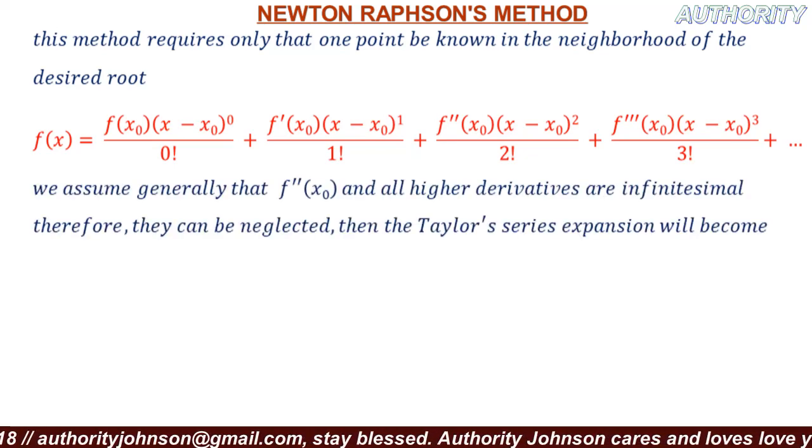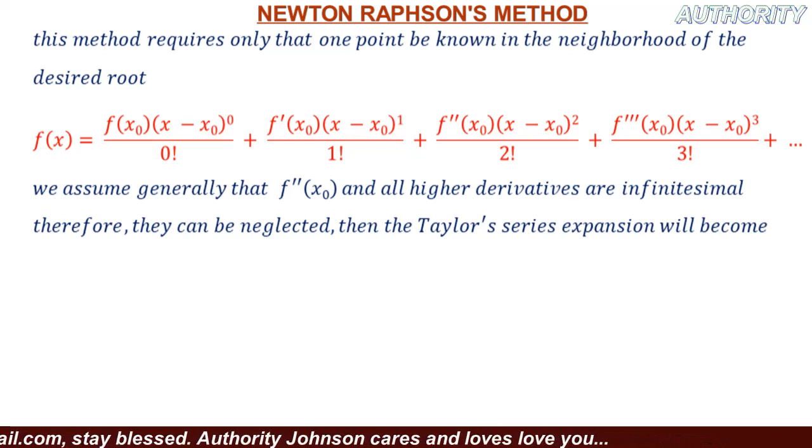So we assume generally that the second derivative at x naught and all other higher derivatives are infinitesimal, therefore they can be neglected. What we mean is that when you subtract x naught from x, what remains is very small, which tells you that x naught is very close to the x you are looking for.